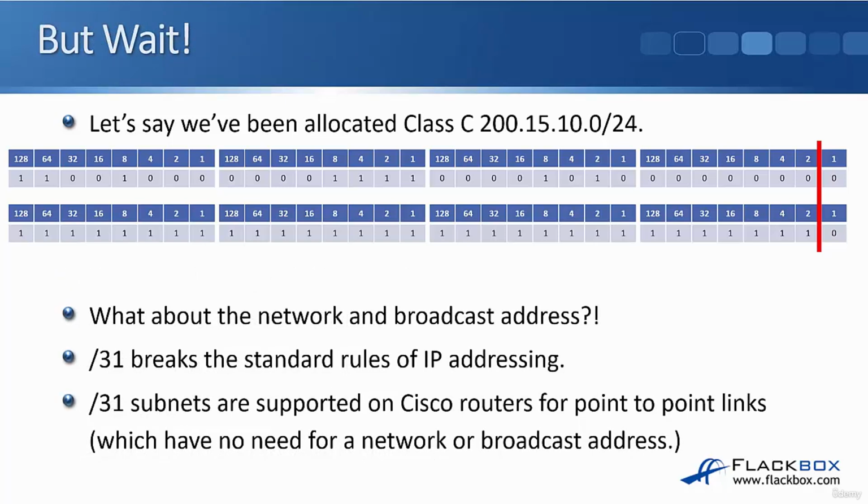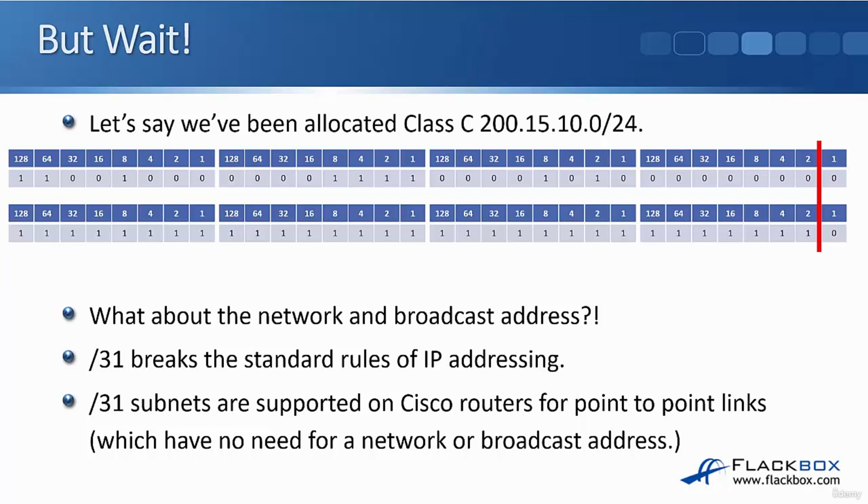Okay, but wait. If we're using a /31, there's only 2 possible values to assign to hosts. What about the network and broadcast address? Yeah, a /31 subnet breaks the standard rules of IP addressing, where we have to have the network address and the broadcast address at the top and the bottom of the range. /31 subnets are, however, supported on Cisco routers for point-to-point links.